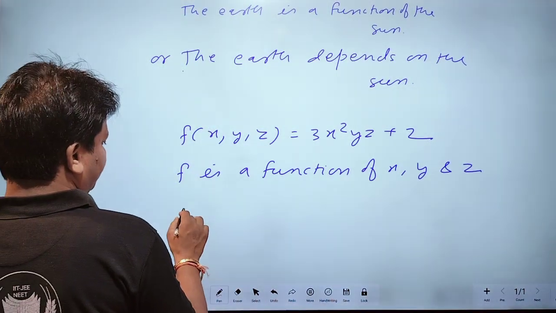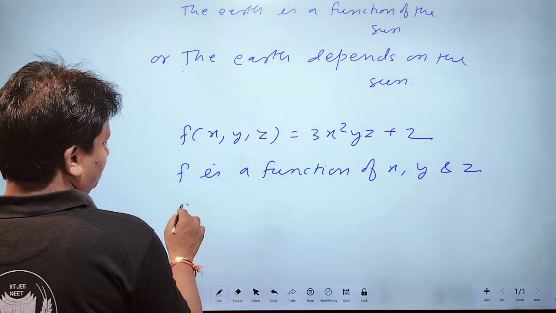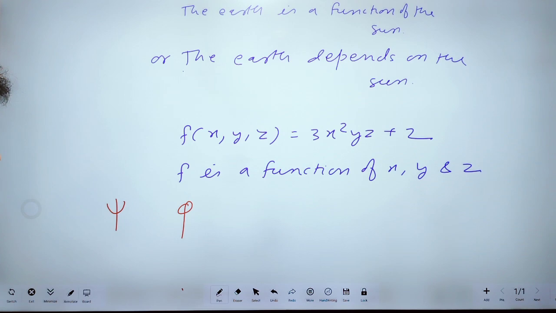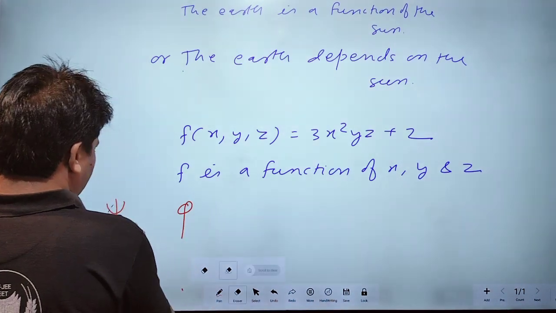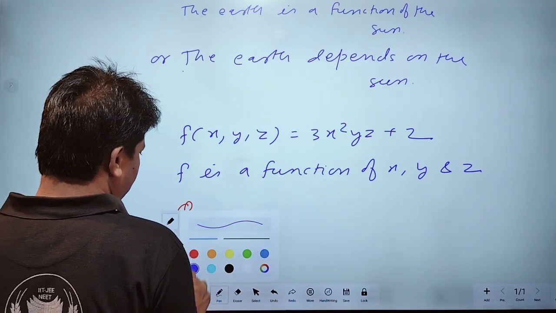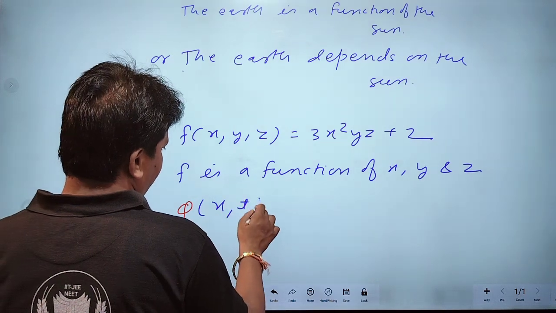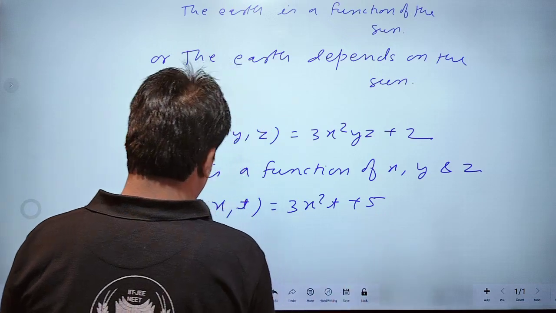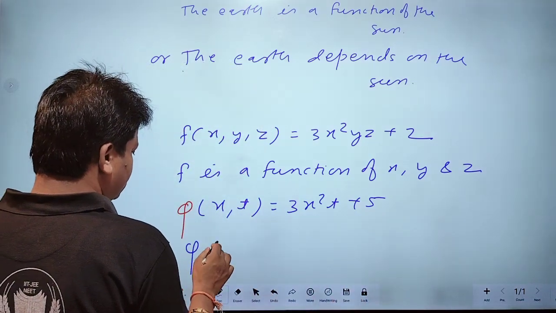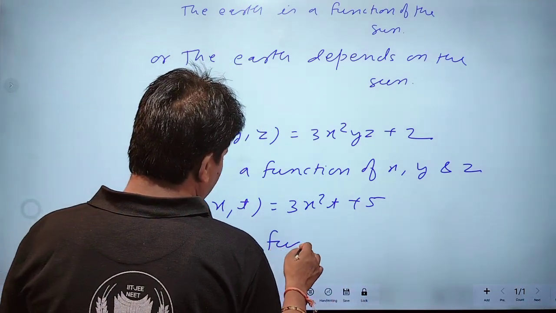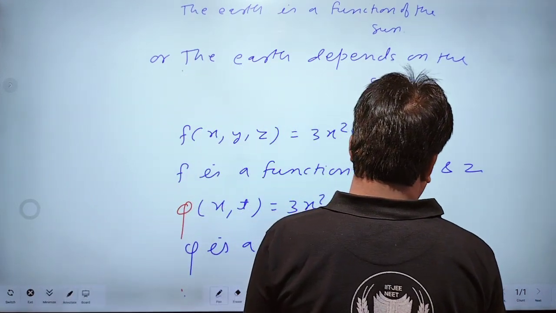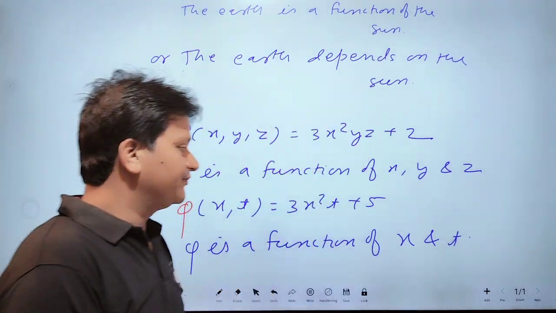Next example: phi and psi. Here phi is a function of x and t. Phi is a function of x and t. Okay, got it?